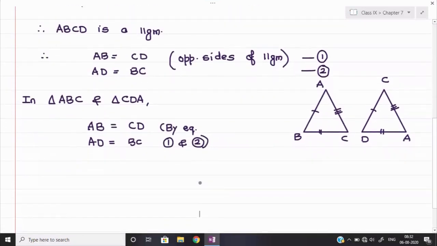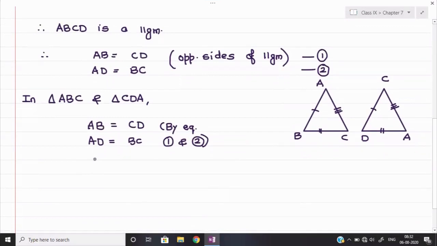Third one, you see, we can write down AC is equal to CA, and AC is equal to CA will be from common side because they are common. So that's why the reason will come here: common. And you observe all the three pairs of corresponding sides are equal.